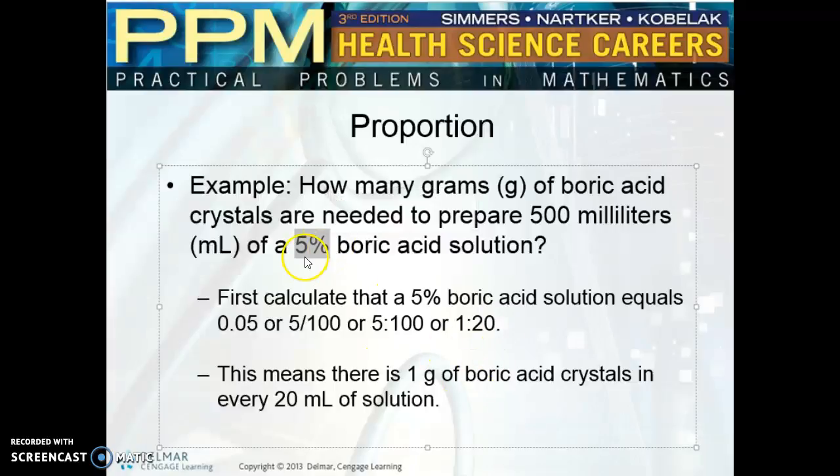They went ahead and reduced that 5 over 100 to 1 to 20. If you do that, that's fine. If you don't, you're still going to get the same answer. So whether you use 5 over 100 or 1 over 20, you're still going to get the same answer. So keep that in mind. So they took that information and they wrote a proportion.